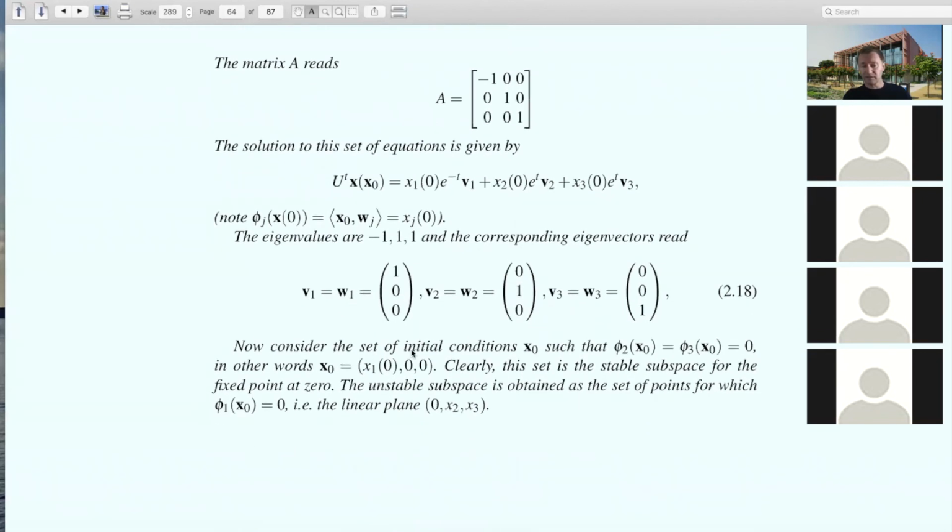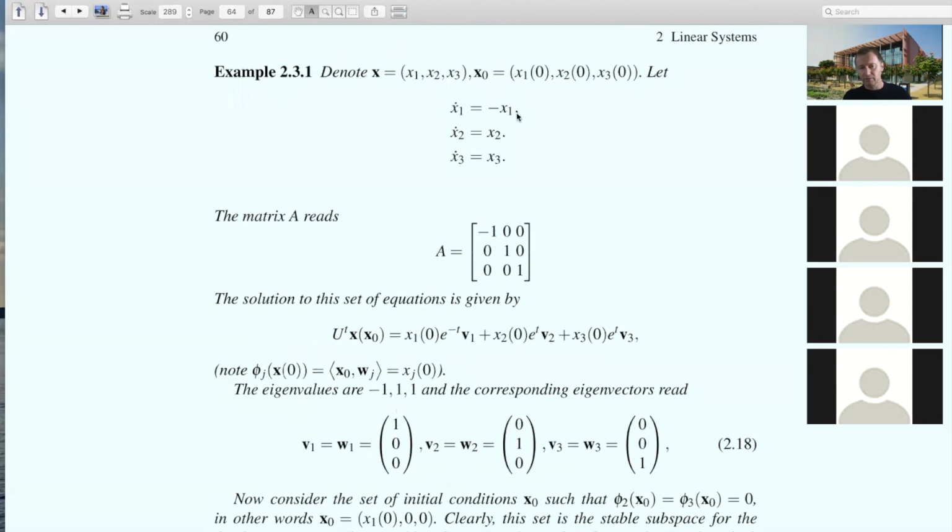Now, consider the set of initial conditions such that phi 2 and phi 3 are equal to 0. That's just that x2 of 0 and x3 of 0 are equal to 0. So in other words, x0 is (x1 of 0, 0, 0). So look at the first equation, and you're going to see that that kind of an initial condition is going to decay to 0, and that gives you the stable subspace.